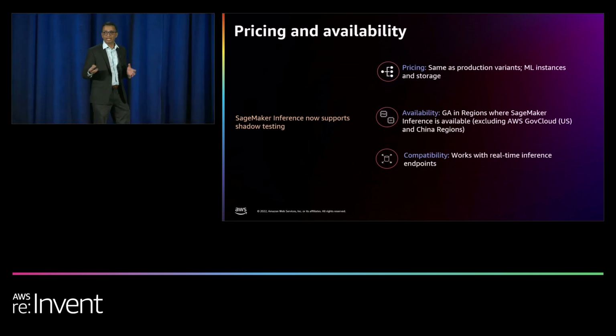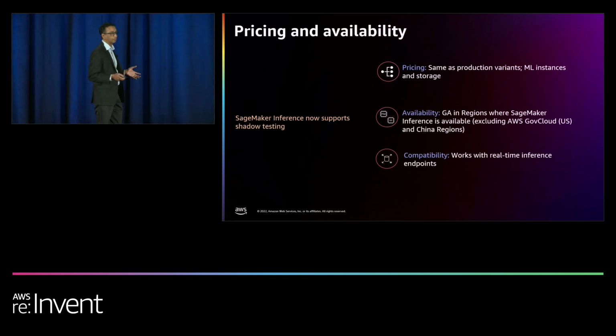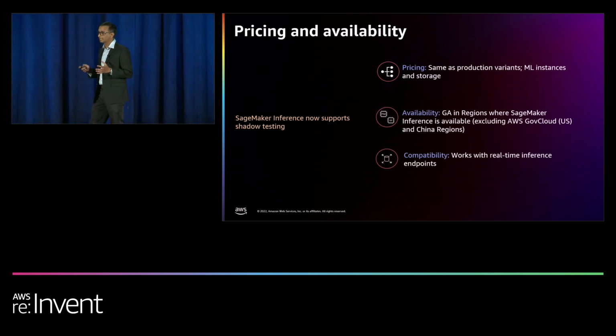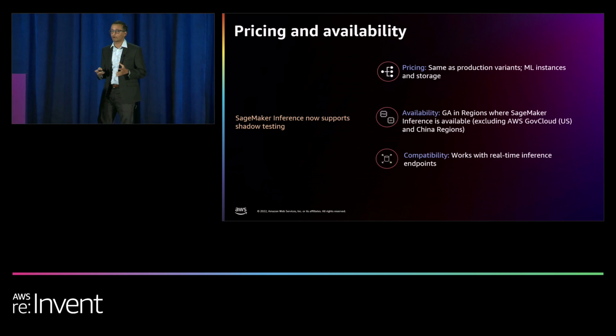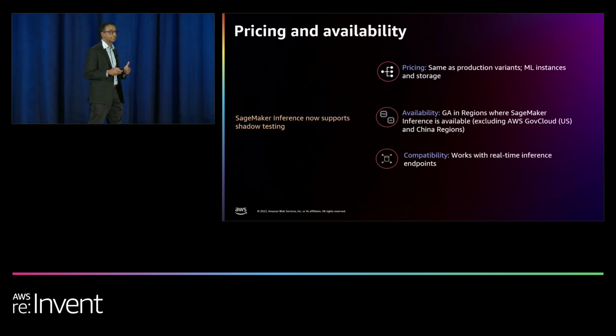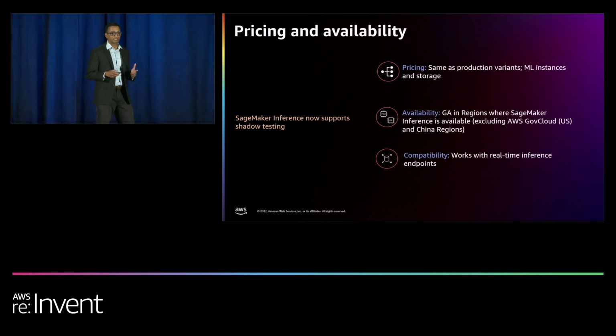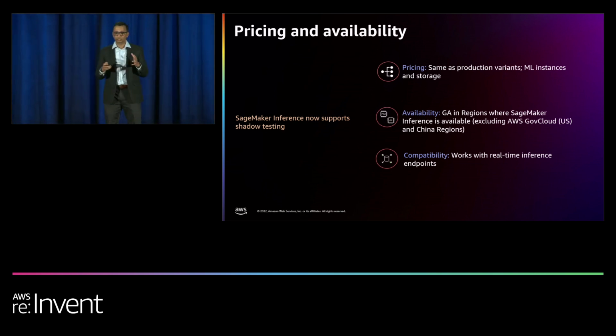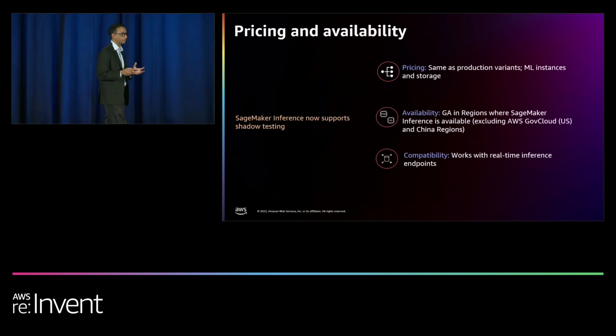And just before we head into the demo, I'd like to talk about pricing and availability. So the pricing today with SageMaker inference endpoints, there are 3 pricing dimensions. You're charged for ML instances, storage, and data processing. So with shadow variants, you still only pay for the infrastructure provisioned.